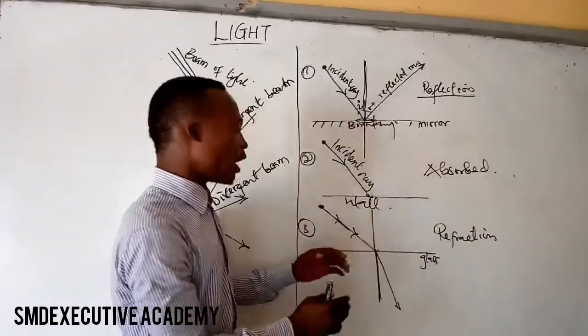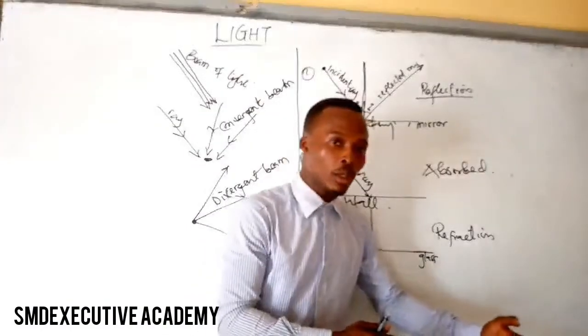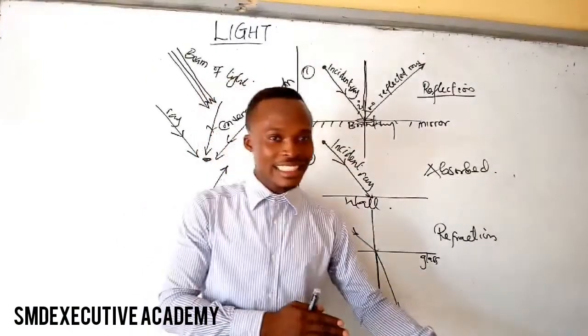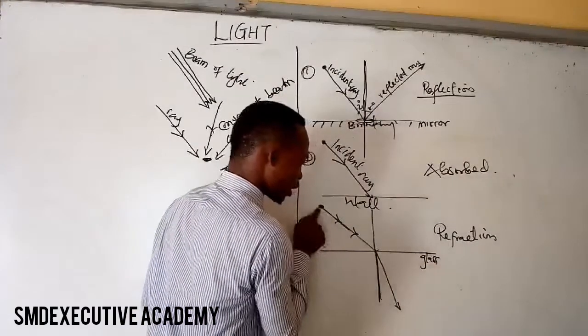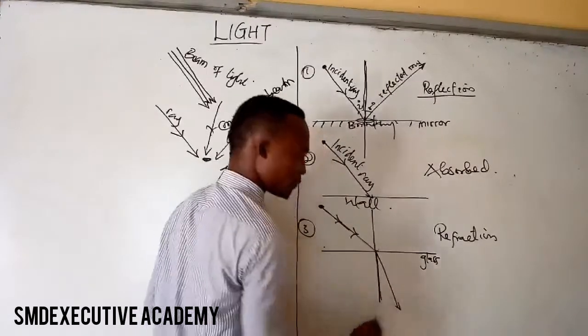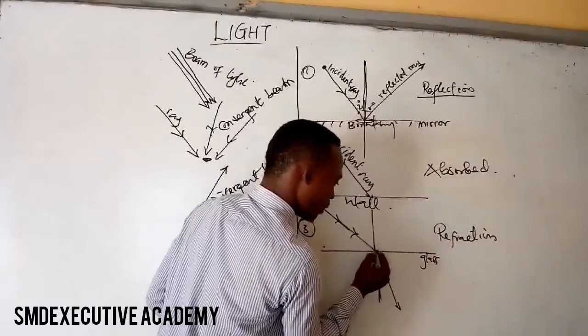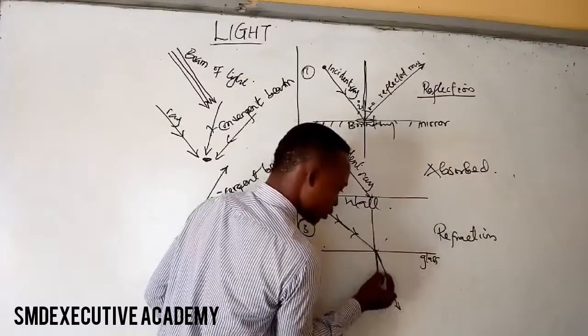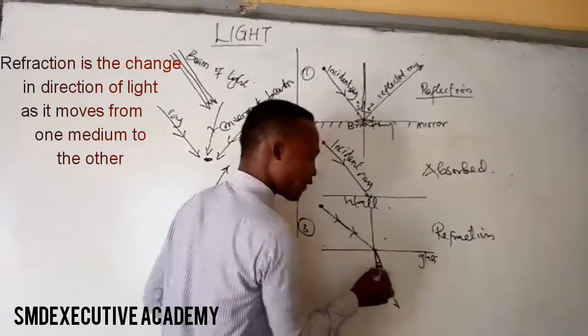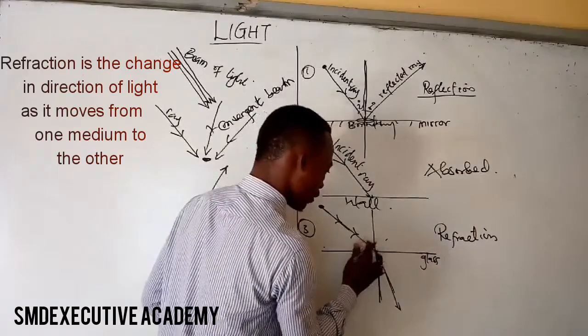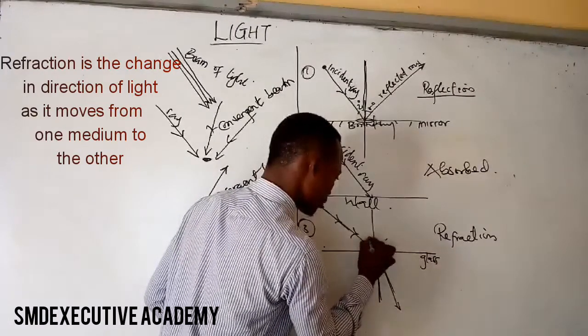Refraction is the process by which a ray of light travels from one medium to another medium by deviating. So it moves closer to the normal. Instead of being reflected, it's going to shift closer to the normal. So this is what we call the angle of refraction, while this is the angle of incidence.